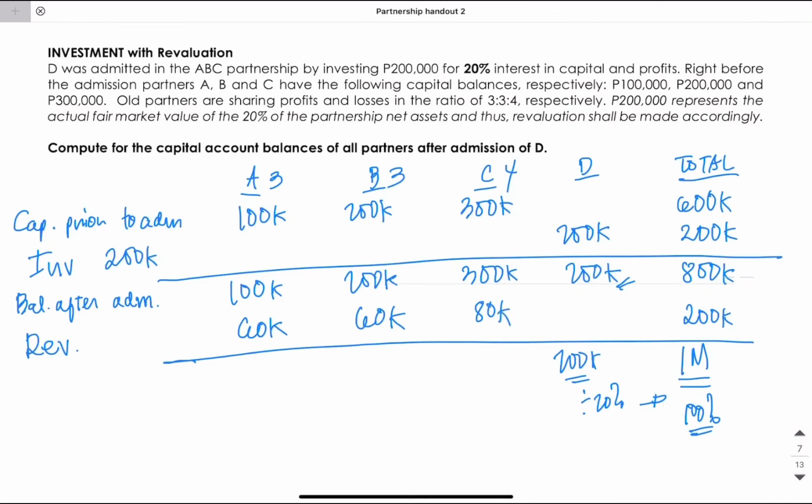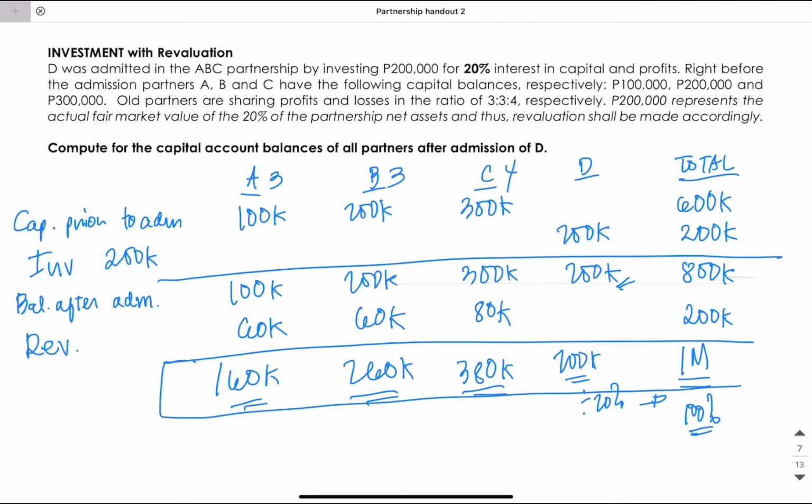So the final answers would be 160,000, 260,000, and 380,000 respectively. Of course, 200,000 will be for the newly admitted partner. So these are the adjusted capital balances after admission.